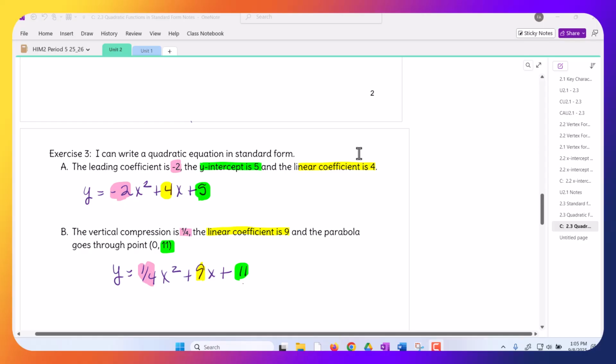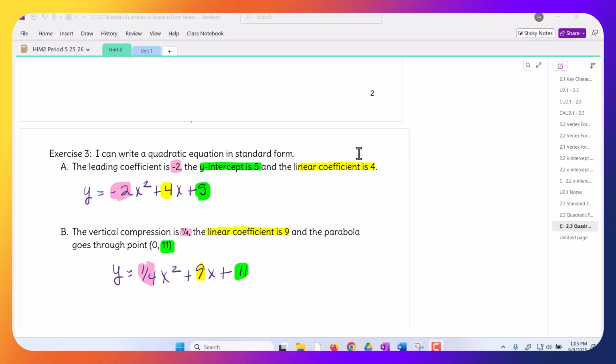Okay, the last thing we're going to do is write our equations, and we're going to amp this up a little bit tomorrow using our leading coefficient and some other information. So it says the leading coefficient is -2, the y-intercept is 5, and our linear coefficient is 4. So the leading coefficient is a, y equals ax squared, plus b, that's our linear coefficient, x, plus our y-intercept.